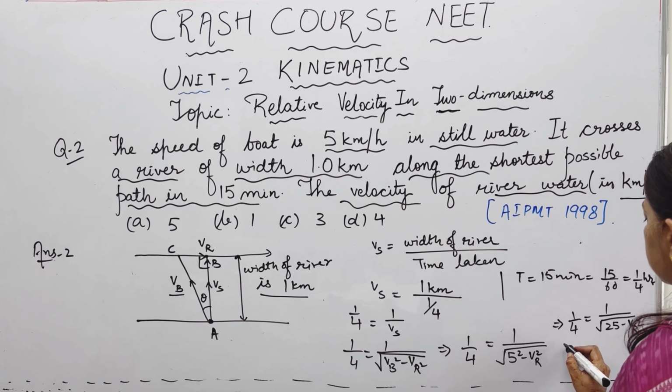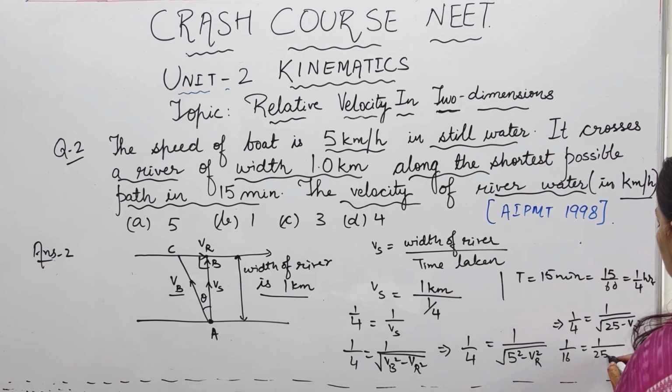Squaring both sides, 1 by 16 is equal to 1 by 25 minus Vr square, or Vr square is equal to 25 minus 16, that is 9, and from here we calculate Vr. Under root of 9, this is 3.